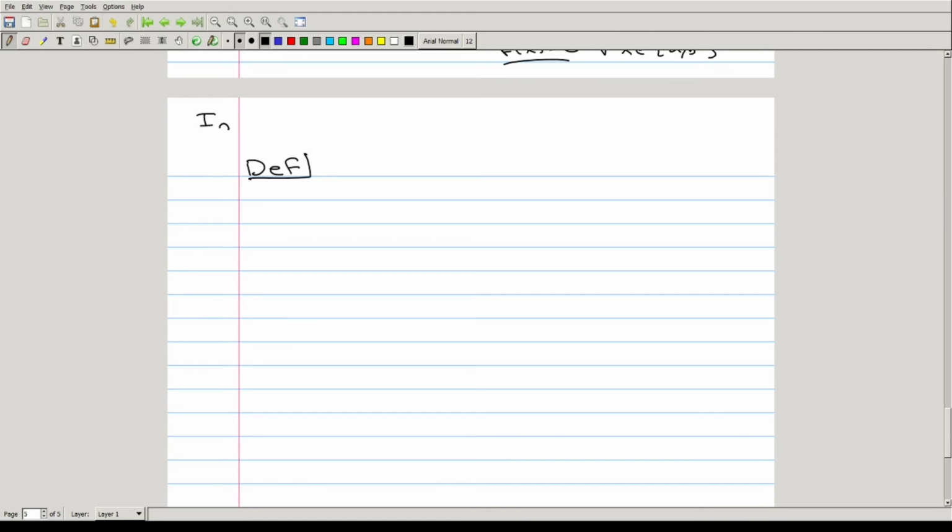So this is in view of property 4. We can define a norm.